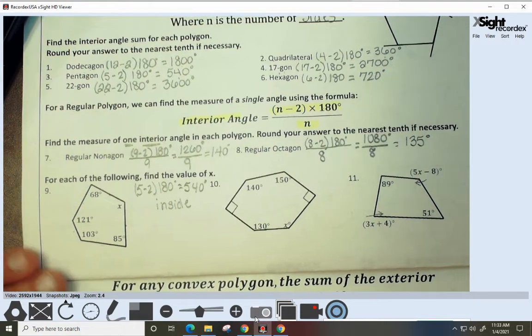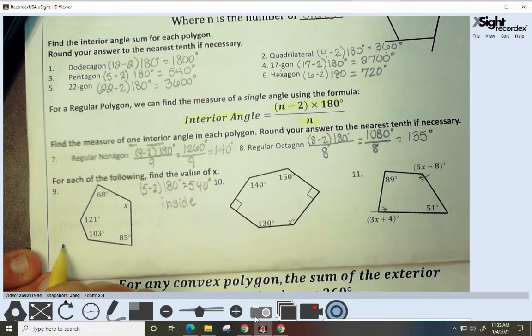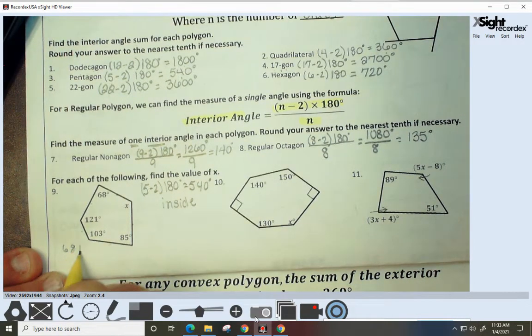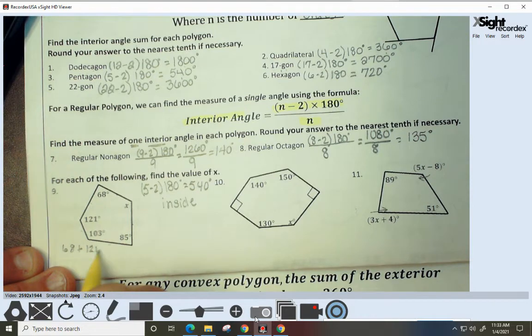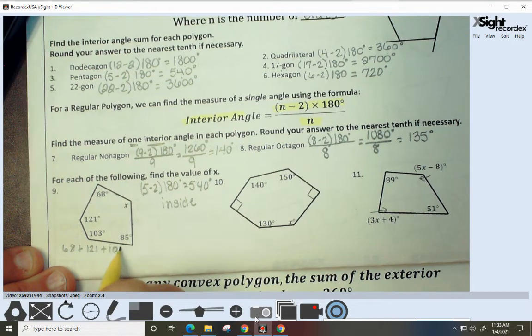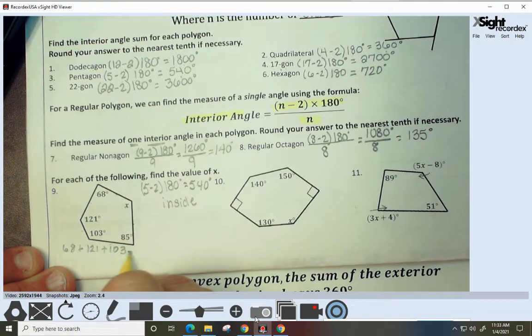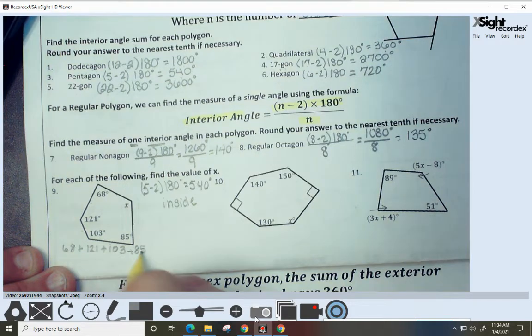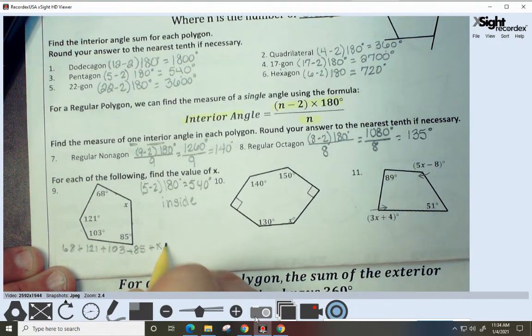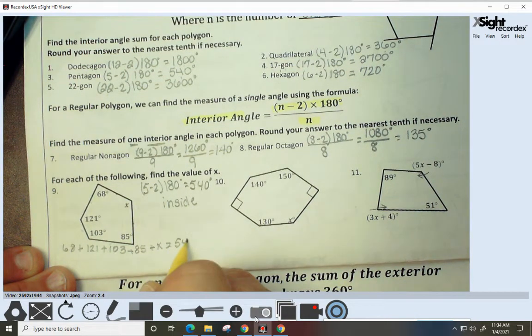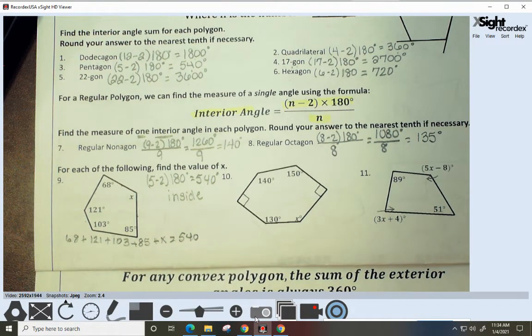So I'm going to take my 68 plus my 121 plus my 103 plus my 85 plus my x, add them all up, and set them equal to 540.